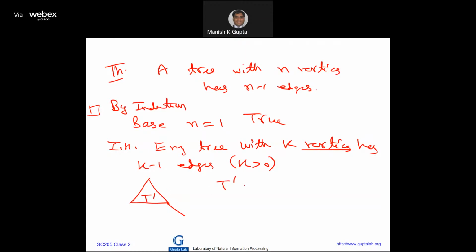And this is a tree T. Suppose T has k plus 1 vertices, right? I have to count the number of edges. Now T prime has k vertices.